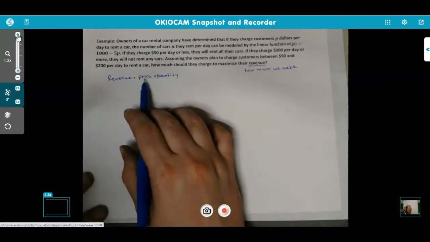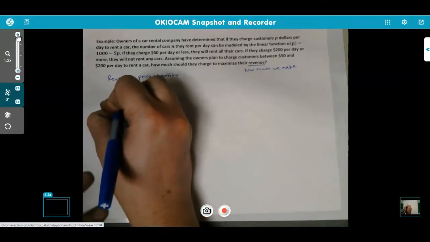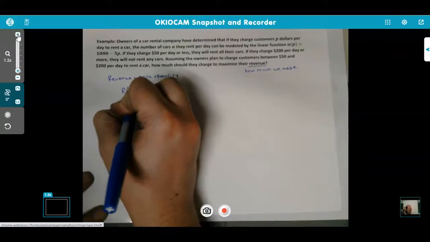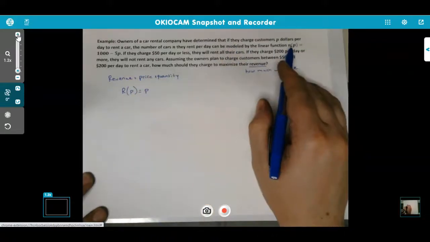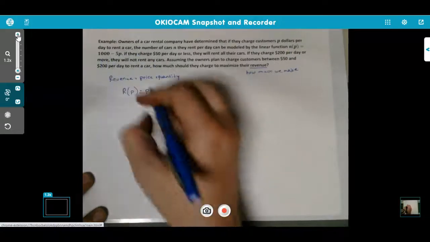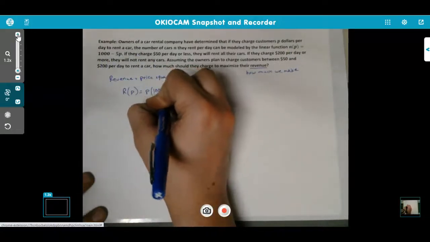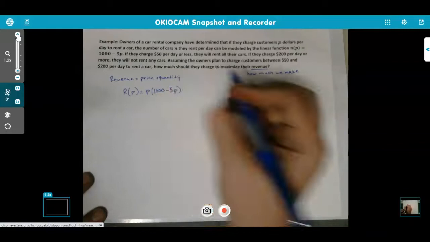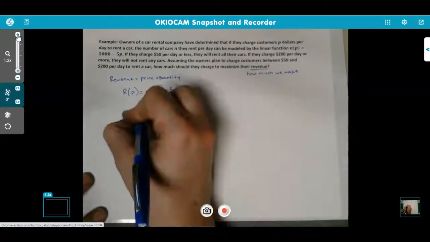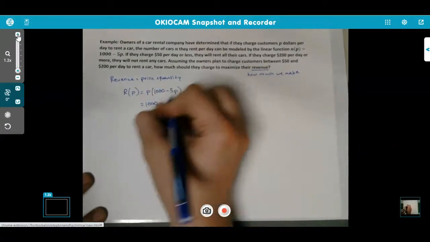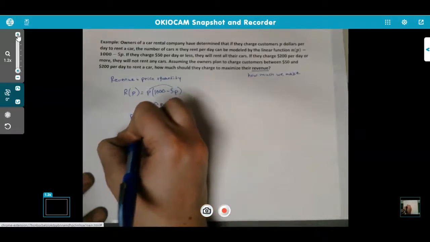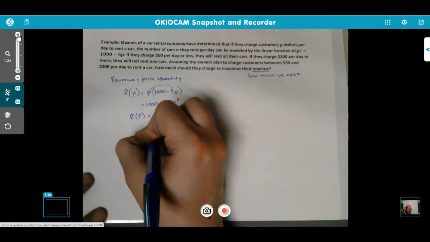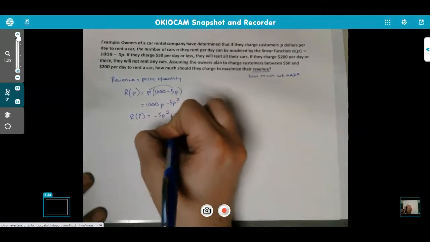So the price, we can just let price be P. So let's find the revenue in terms of P. My price is just P. The quantity, as we set up here, is N of P equals 1,000 minus 5P. So I can let that be the quantity. Distribute my P, and we see 1,000 P minus 5P squared. Again, I like having the square term up front. So I'm going to do negative 5P squared plus 1,000 P.